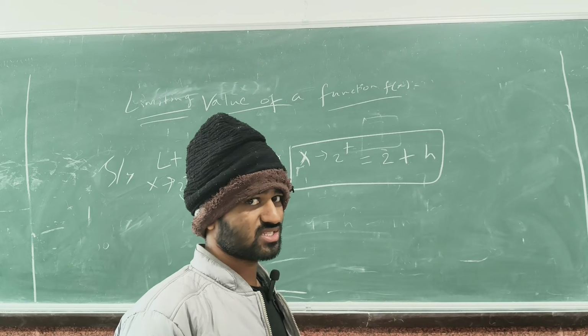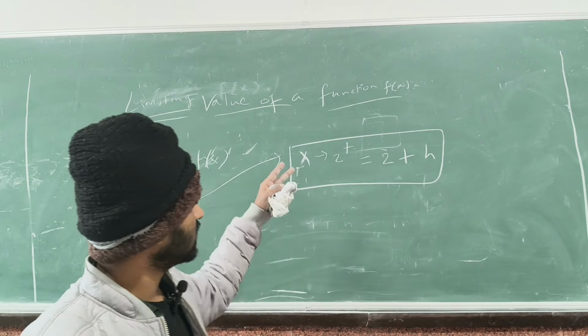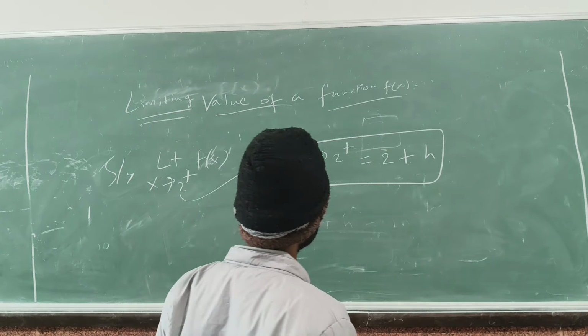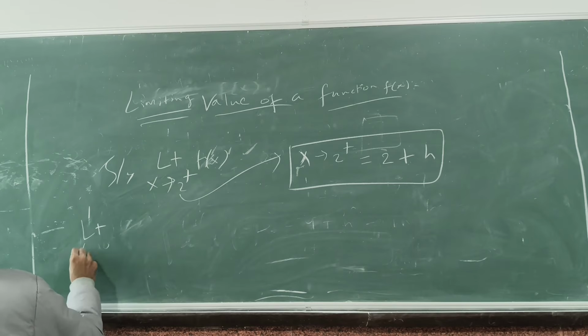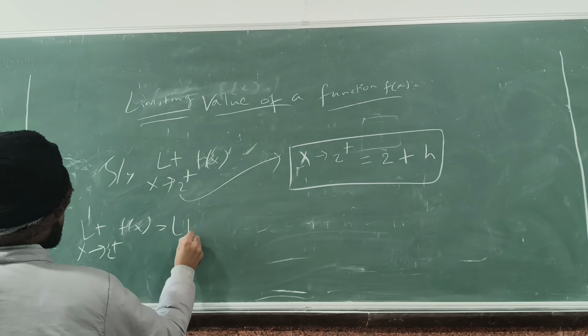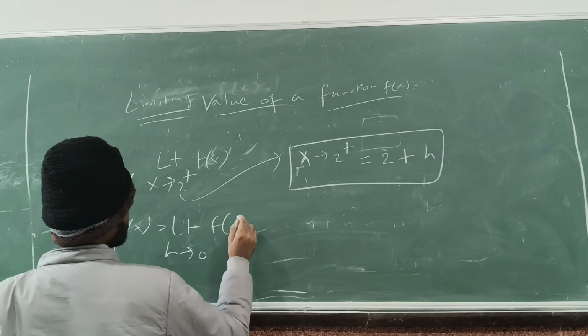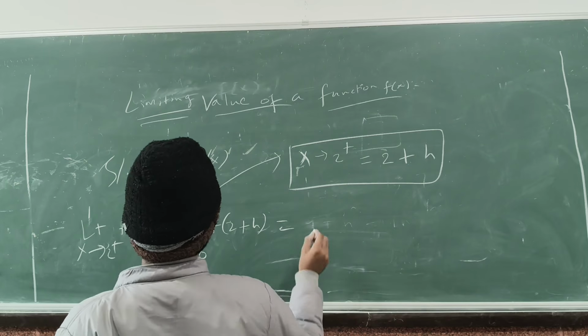Here h is a positive quantity, so 2 plus h is slightly greater than 2, and we know x is also slightly greater than 2, so we can write x equals 2 plus h. So limit x tends to 2 plus f of x equals limit h tends to 0 f of 2 plus h.